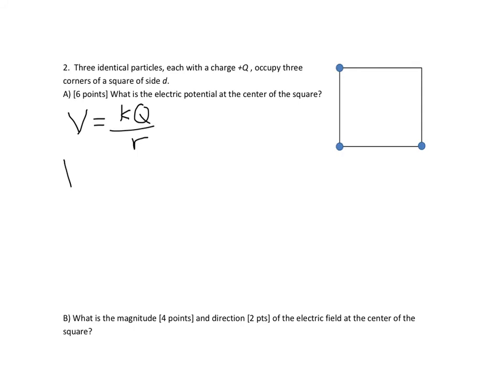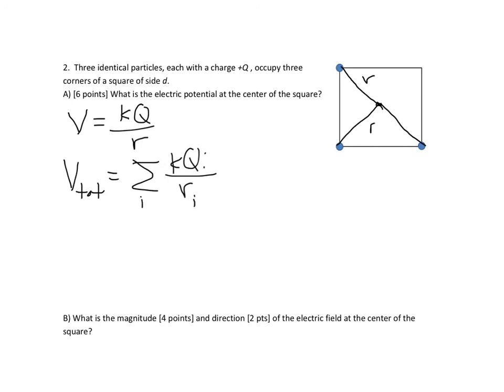So the net voltage, or the total voltage, will be the sum of the potential contributed by each charge. Now the point in question is the center, and we see that the distance r is the same in all cases. And r, you can convince yourself, is going to be d times the square root of 2 over 2, because it's just half the diagonal of a square.